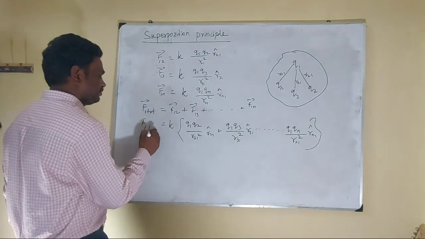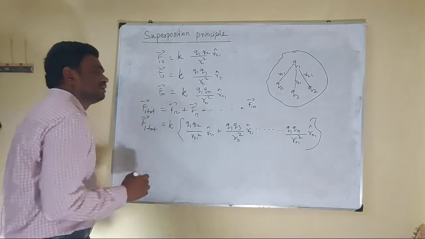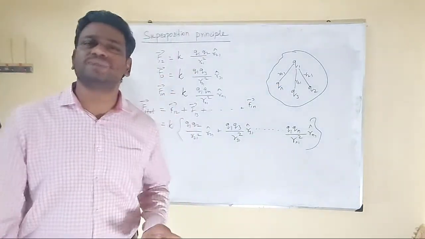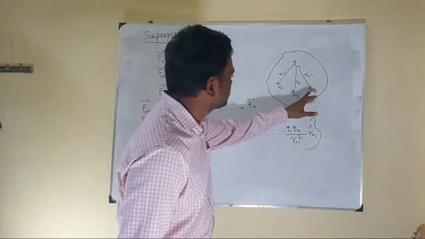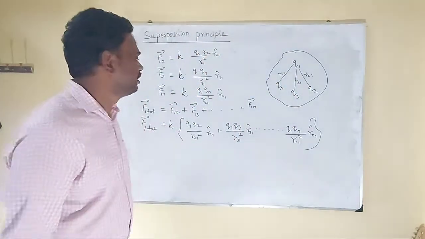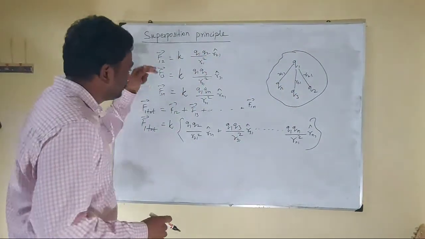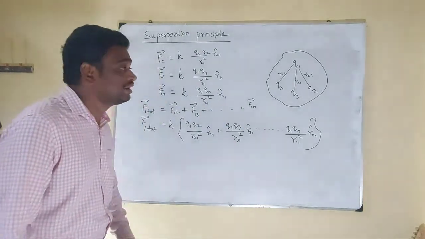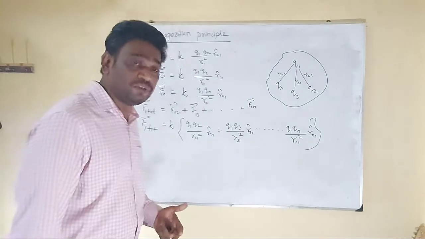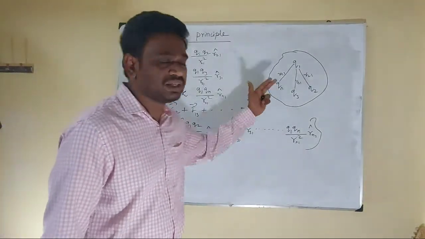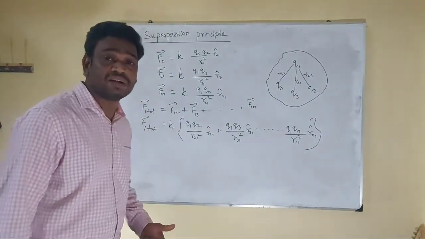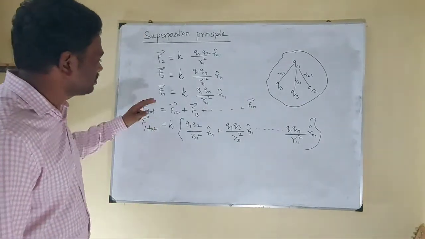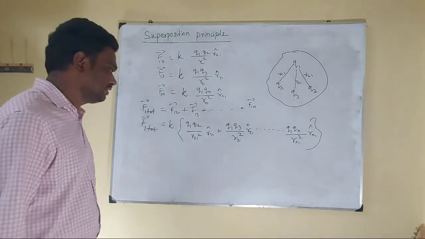So here is F total vector. So there is a superposition. The force on the charge Q1 is equal to the vector sum of the forces due to the charges Q2, Q3 up to Qn. Here we are using Coulomb's law as well as the superposition principle in order to find the total force due to a system of charged particles. If the system has more than one charged particle, then we have to use the Coulomb force equation along with the superposition principle.